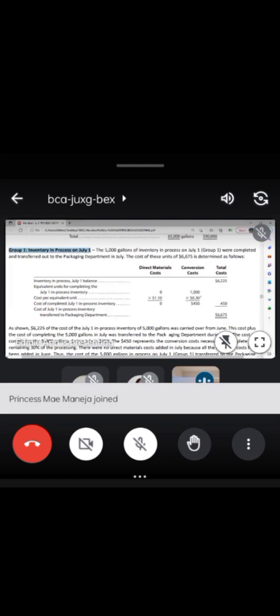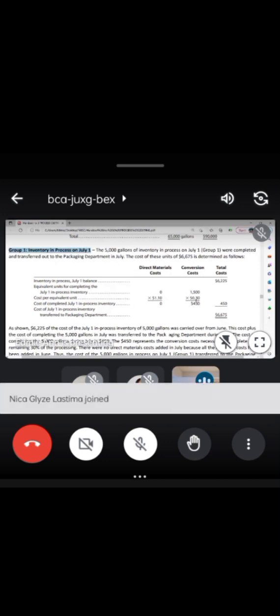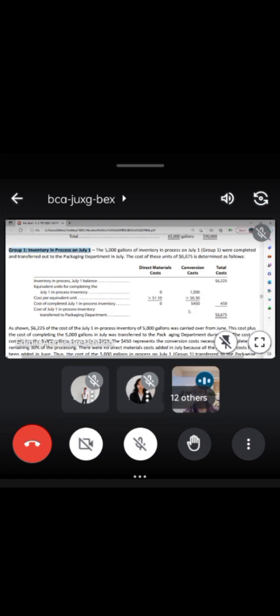So 30% na lang iyang kulang times 5,000, that would be 1,500 equivalent units. Now kani siya i-multiply na pud sa cost per unit nga kadtong 0.30. So ang total niya is $450. So for the month of July, ang total cost lang ni mga nadugang is 450.